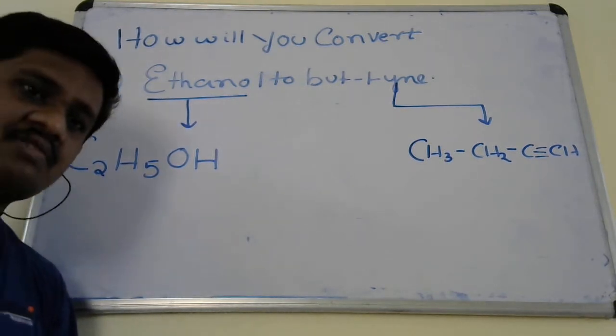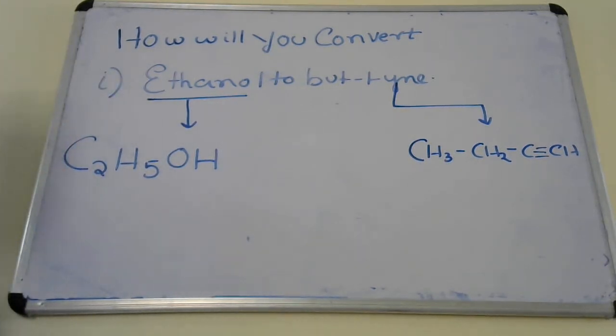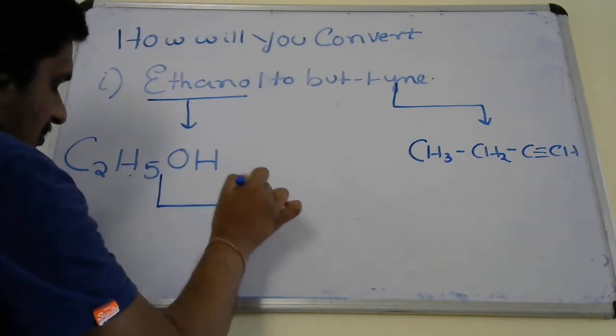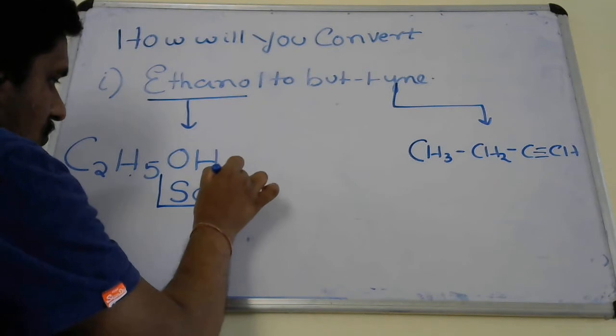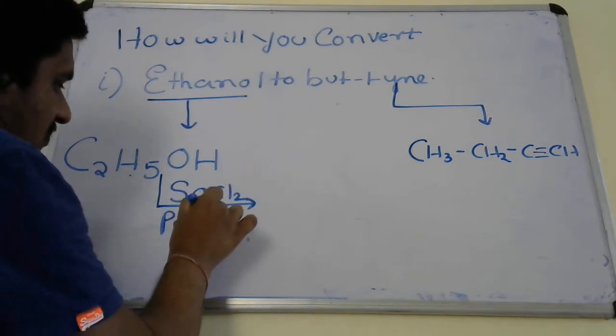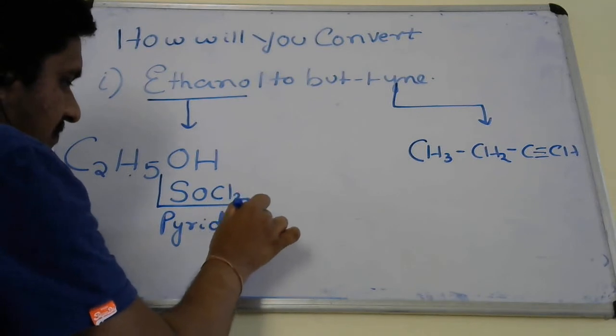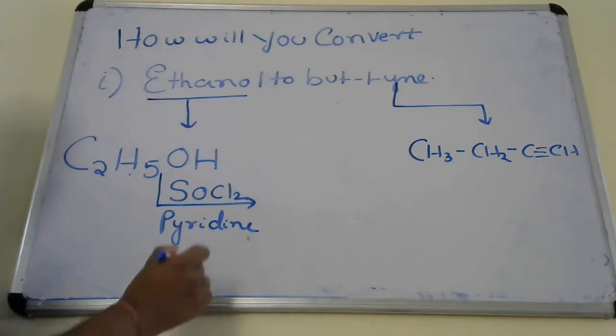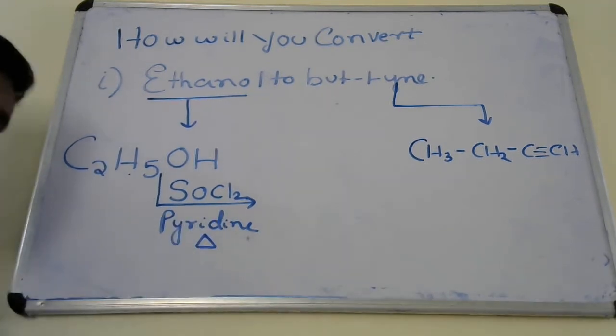Okay, so what we will do, first we will convert this ethanol into a halogen compound by giving SOCl2 and pyridine. SOCl2, which you very well know, is called thionyl chloride in presence of a base or solvent called pyridine.